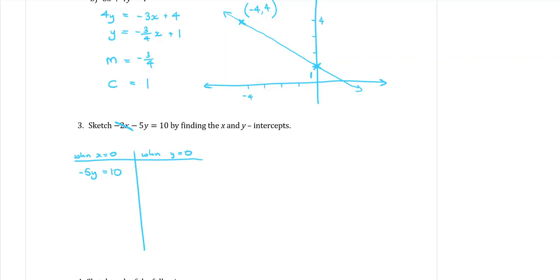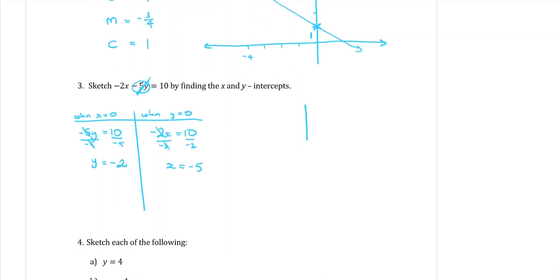Then I can solve that by dividing by -5 to get y is equal to -2. Now, if I go to the second half of this question and I want to make the y equal to 0, that means that that part of the equation would be equal to 0, and I would have negative 2x is equal to 10. Solve that by dividing by negative 2, and x is equal to negative 5.